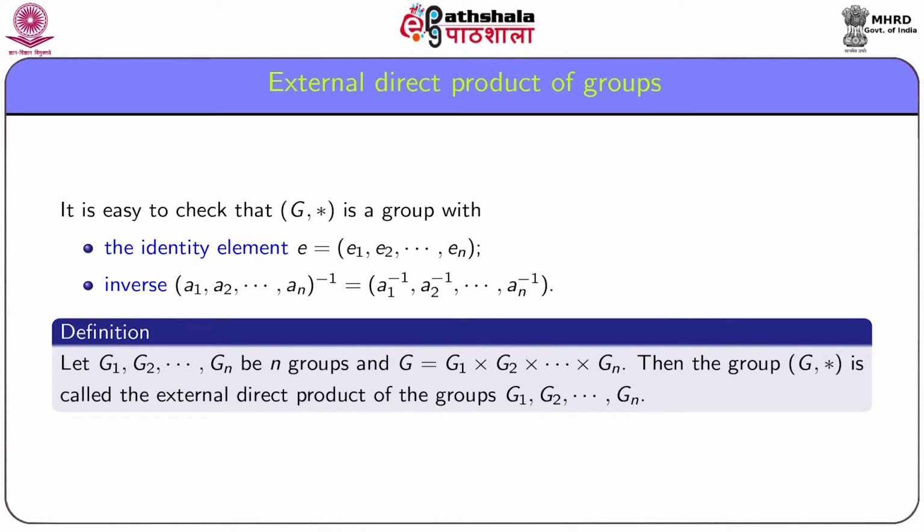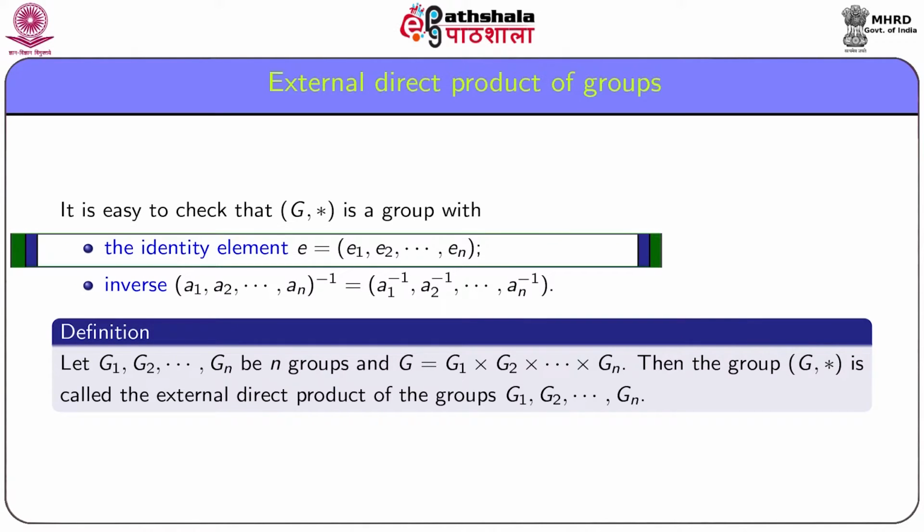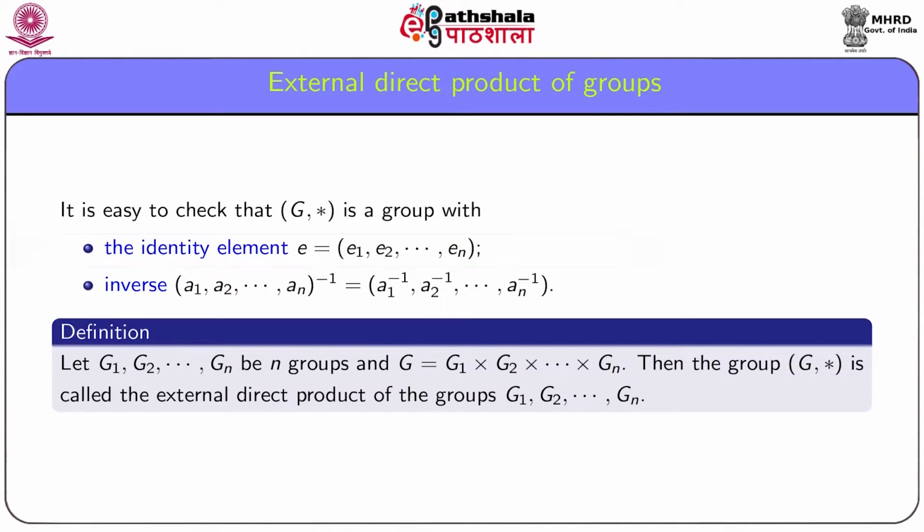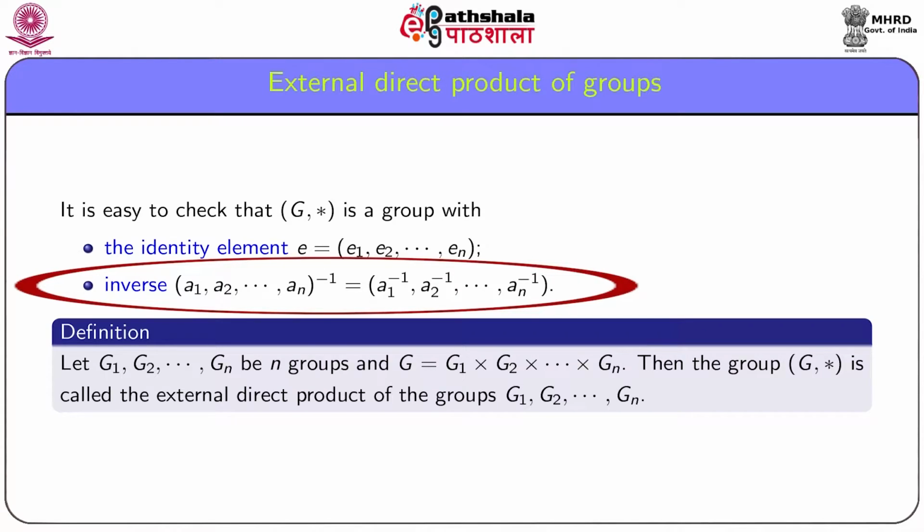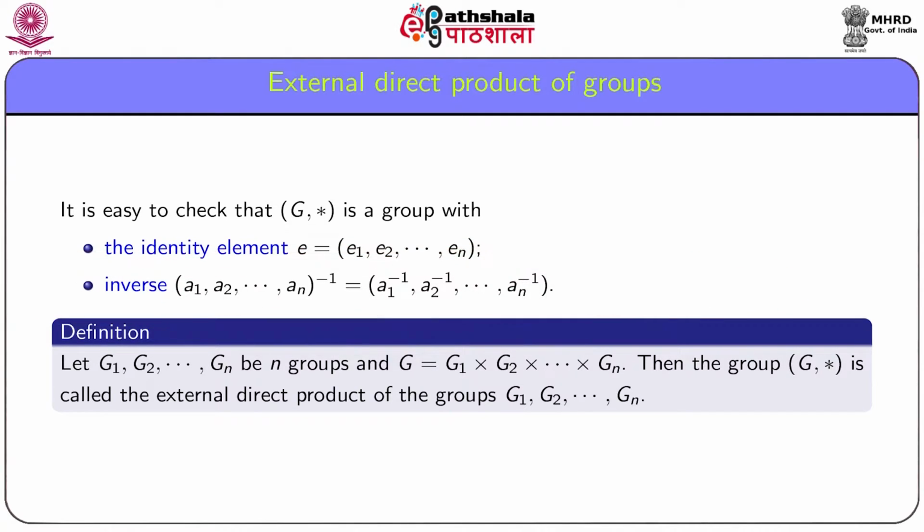Now, it is easy to check that G with star is a group with the identity element e equal to the n-tuple (e1, e2, up to en), where ei is the identity element of the group Gi, and naturally the inverse of (a1, a2, up to an) is equal to (a1 inverse, a2 inverse, up to an inverse).